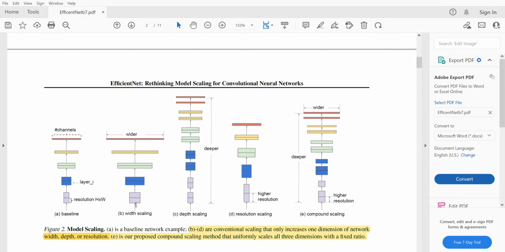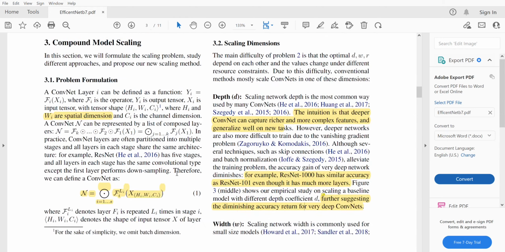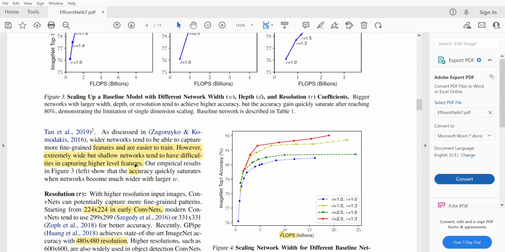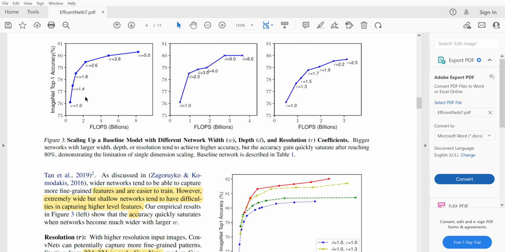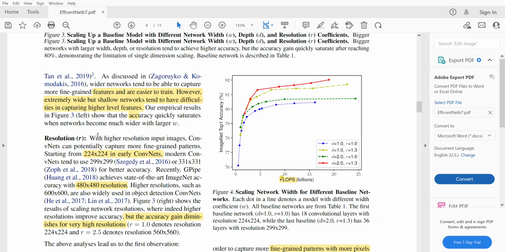If they are extremely wide but shallow, this is a shallow network but it is wide, so they have a problem in achieving accuracy. Now there is a graph of the accuracy, where you can see this accuracy being achieved.